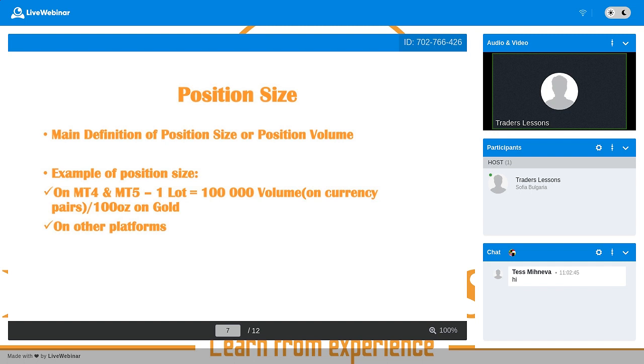Now, the position size that we are talking about is, as I said already, for you to know exactly how much you're involving yourself in the market. For example, we have the main definition of position size or position volume.